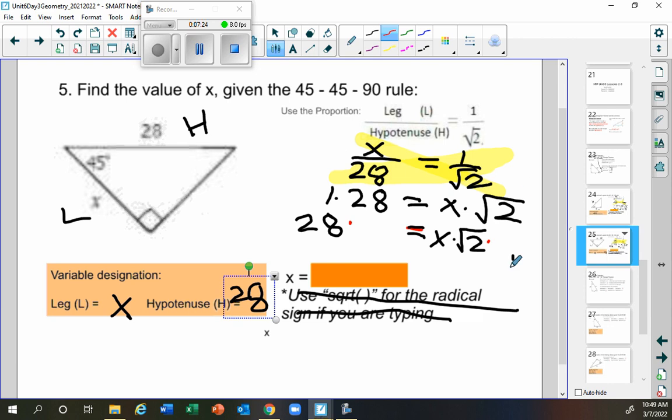The 2 or square root of 2? Square root of 2. You got to multiply both sides by square root of 2. This is the most important step right here. You got to get that step. I cannot stress that enough.